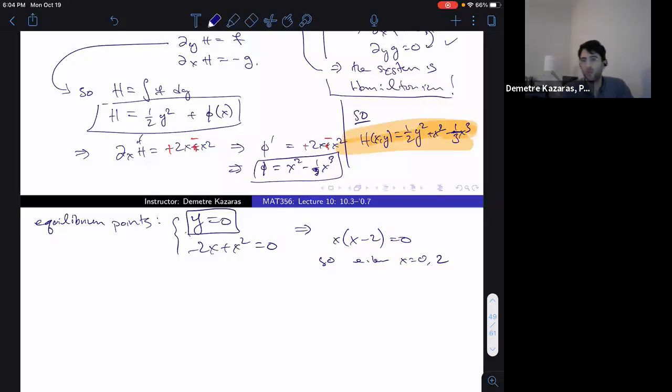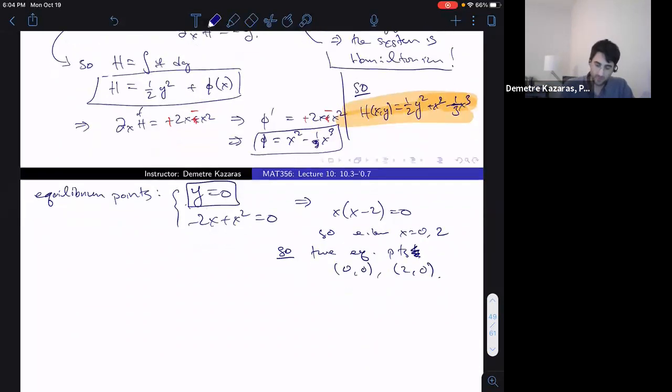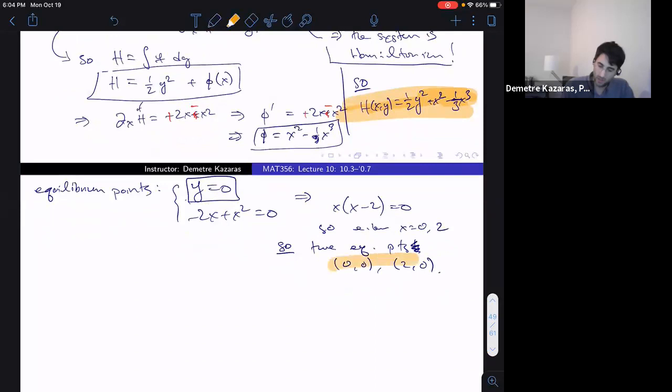So we get two equilibrium points, which will be 2 critical points for h. We get 0, 0, and 2, 0. Good.